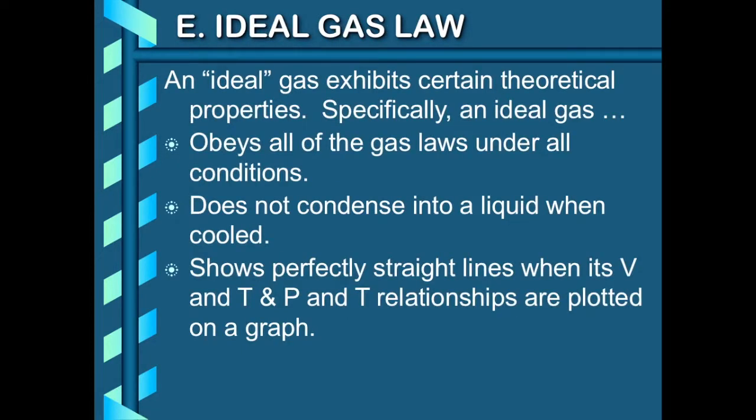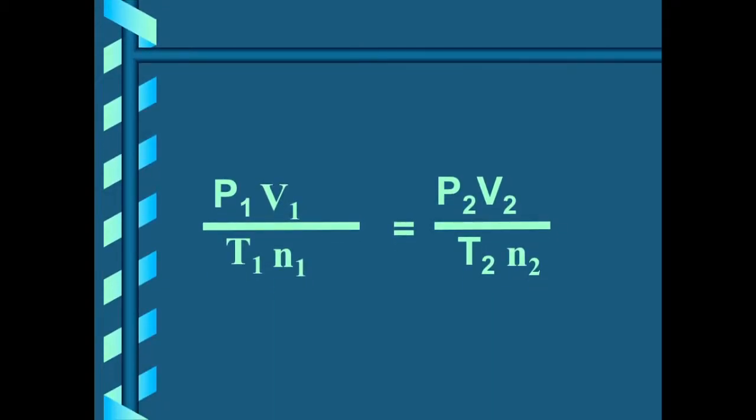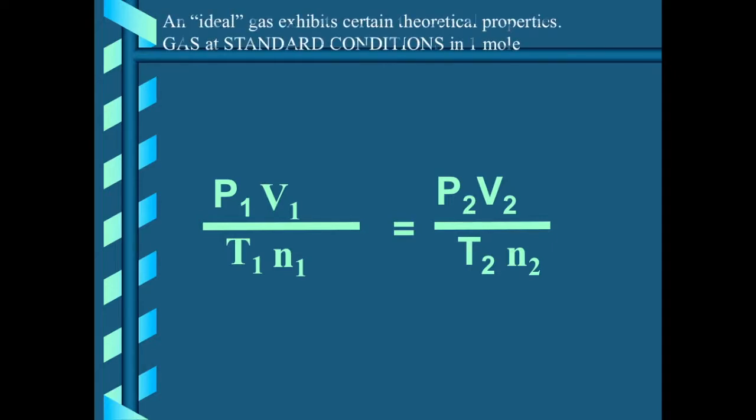Once we say ideal gas law, an ideal gas exhibits certain theoretical properties and obeys all of the gas laws under all conditions. We assume that the gas does not condense into a liquid when cooled. So let's try to visualize how this gas law has been formulated.